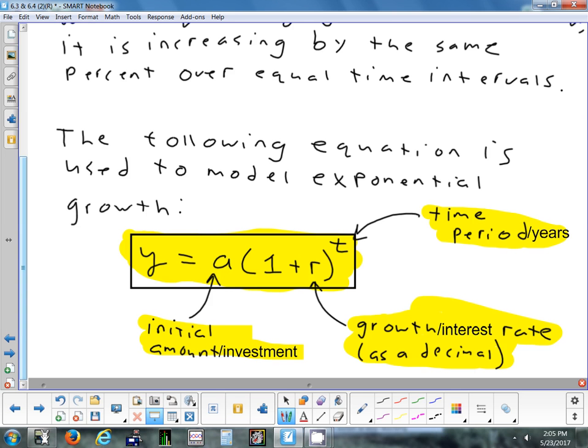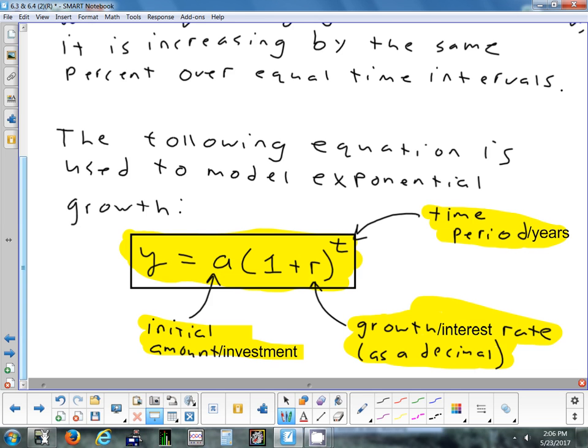No, normally it changes. One year the population might grow at 1%, the next year at 3%, maybe the next year it actually drops 2%. Normally when you talk about growth, it changes all the time. But we're going to simplify it, so our growth rate will always stay the same.